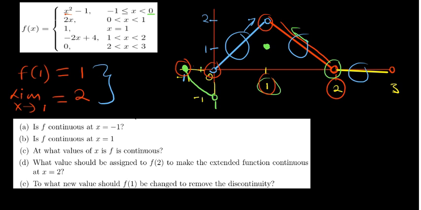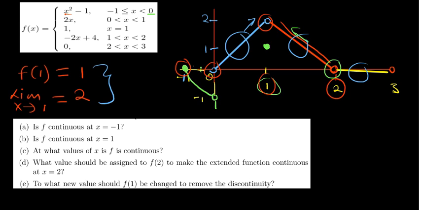And then finally the last one says, to what new value should f of 1 be changed to remove the discontinuity? What does that mean?